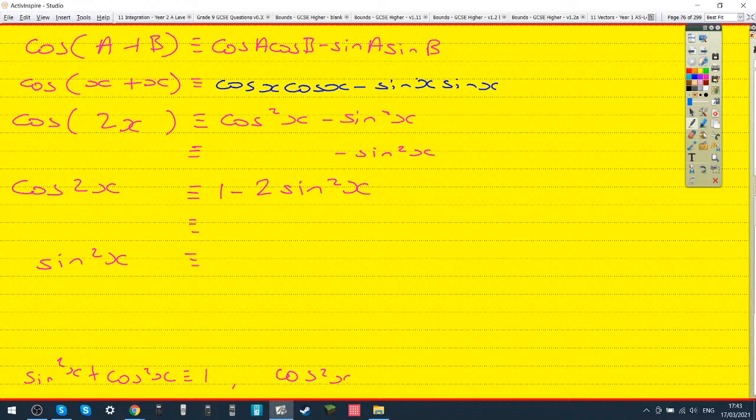What do you get? 1 minus sine squared x. So instead of cos squared x, you can write 1 minus sine squared x. 1 minus sine squared x minus sine squared x is the same as 1 minus 2 sine squared x, which is the same as cos 2x, which we saw.